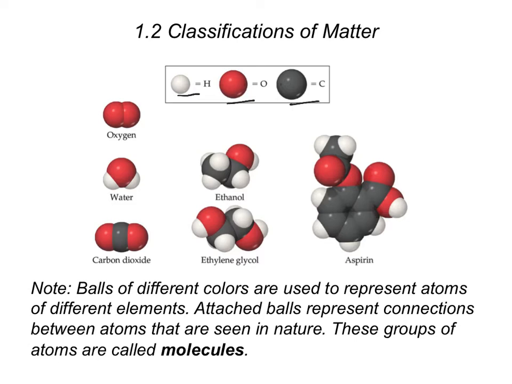Just note that whenever we're looking at this, we're looking at individual atoms. For example, this one, how many oxygen atoms are there? How many little balls are there? 2. What about this? What is this one in the middle? This is an oxygen, and the 2 white ones are hydrogens. So on and so forth.